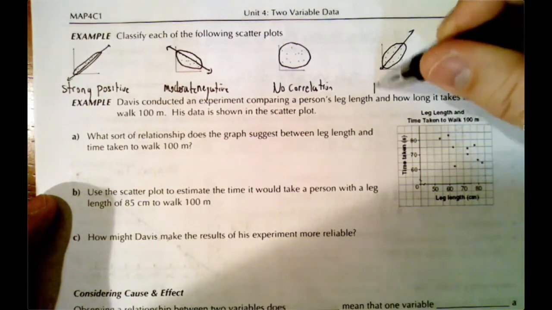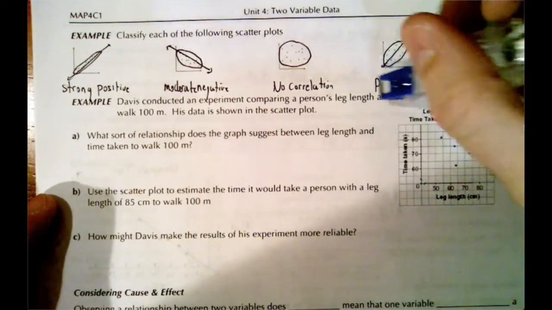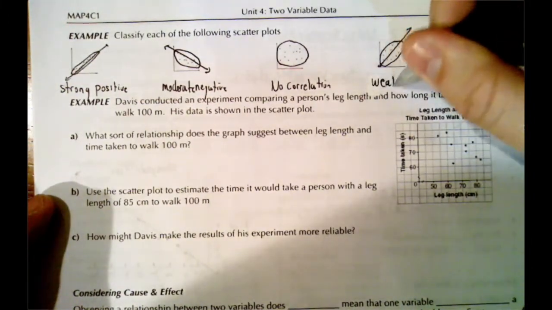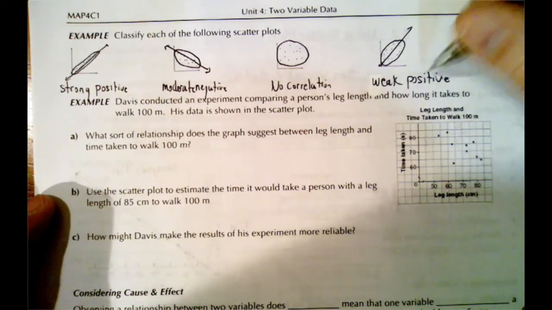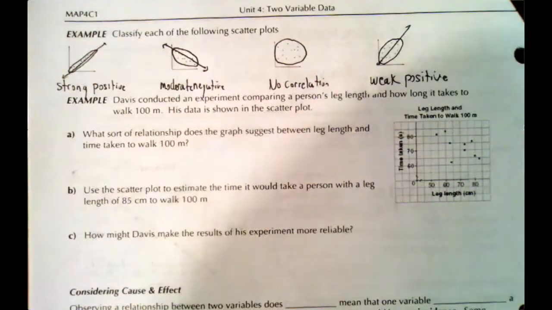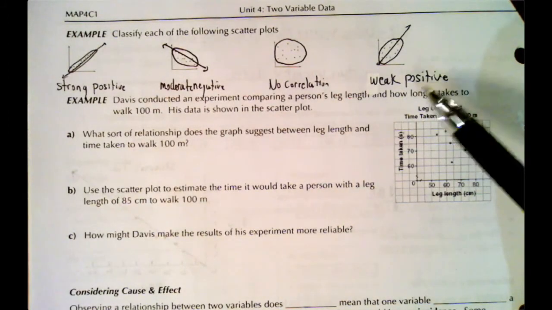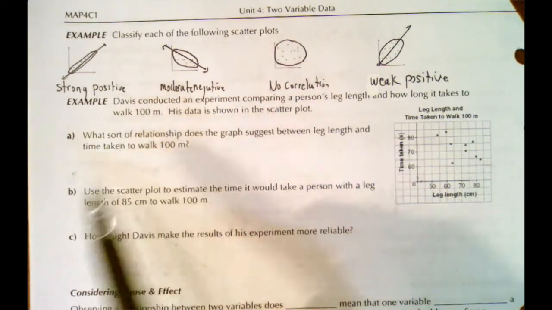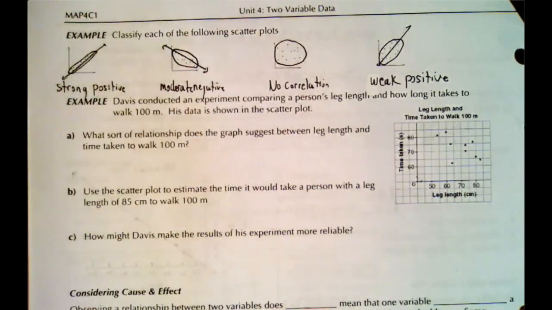So we would call this one weak and positive because we're going up to the right. So there's 4 examples. Those aren't the only 4 options. We could have weak and negative. We could have strong negative. We could have weak or moderate positive. Lots of options.